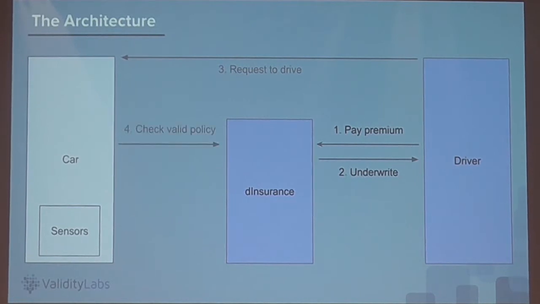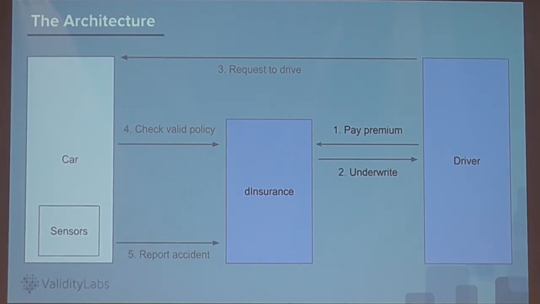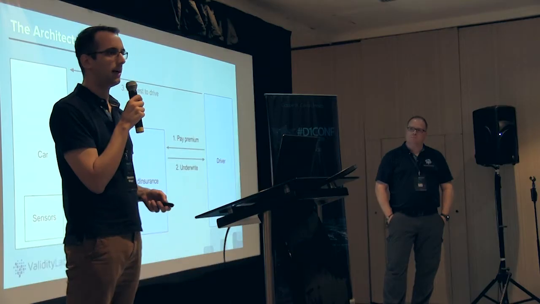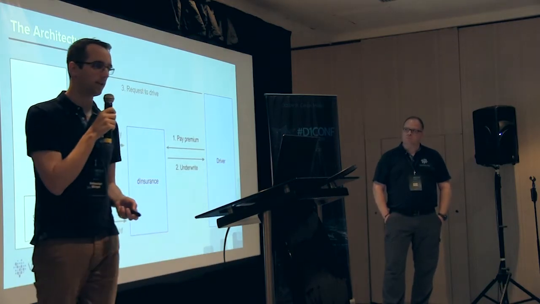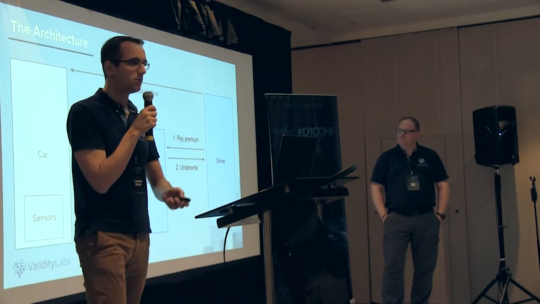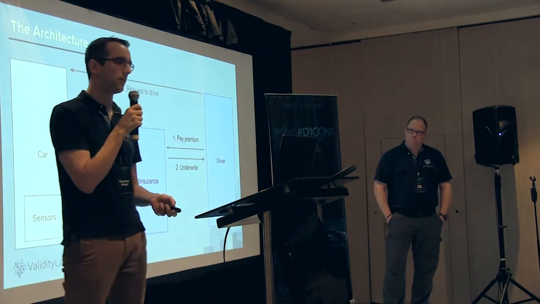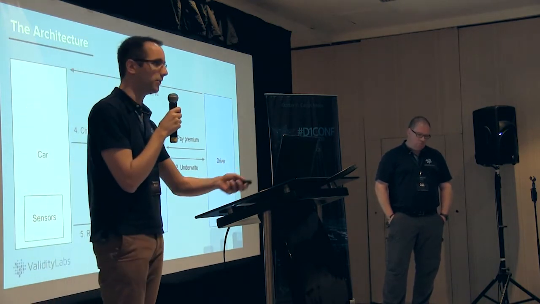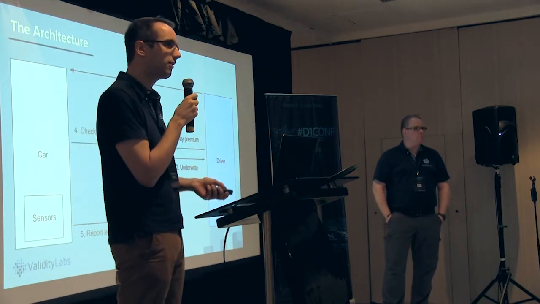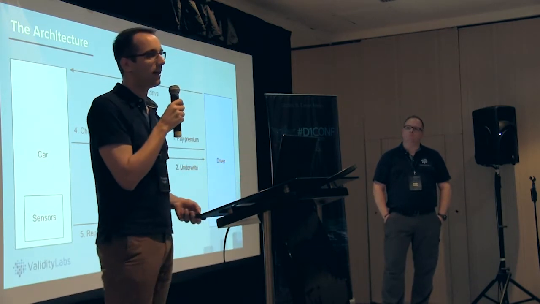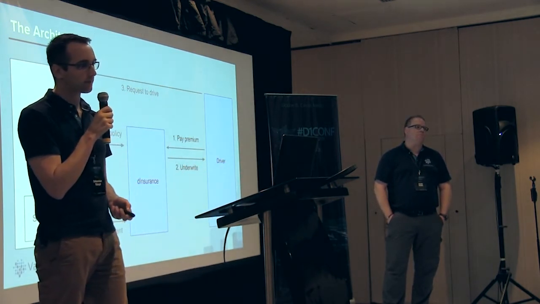And the car checks, hey, does this person actually have a valid policy? Is that guy insured? And then the car could say, okay, that I did drive, but something went wrong. So yes, there was an accident, which is detected by some fancy sensors, IoT devices hooked up to this public blockchain. I don't need to ask anybody for permission to join that system, but I'm again a service provider that just feeds into it.